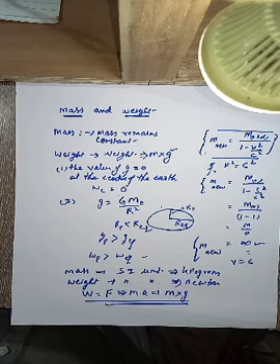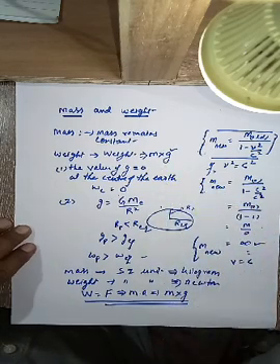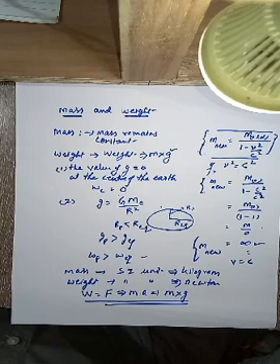So this is all about mass and weight. I believe you must know the acceleration due to gravity, right? Here I have already told you, it is the force of attraction by which any object is being pulled by earth. That is what acceleration due to gravity is.